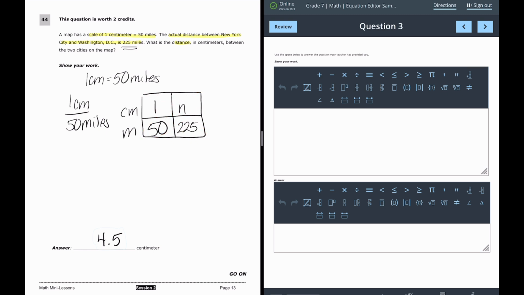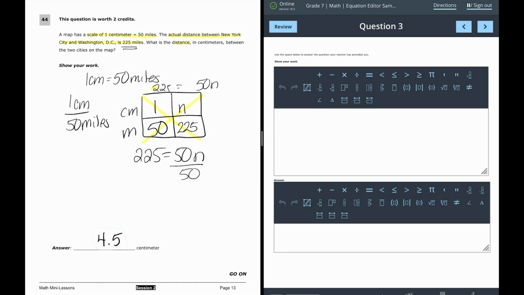And that's why we have so many different ways of doing things, because something that might work really well for one problem may not work as easily for the other one. So let's multiply across this way. 50 times the number. Let's multiply this way. 225. And now let's write that equation. 225 is equal to 50 times the number.